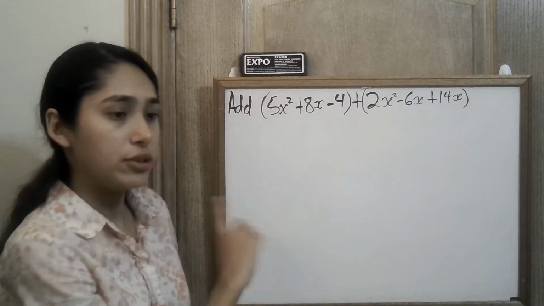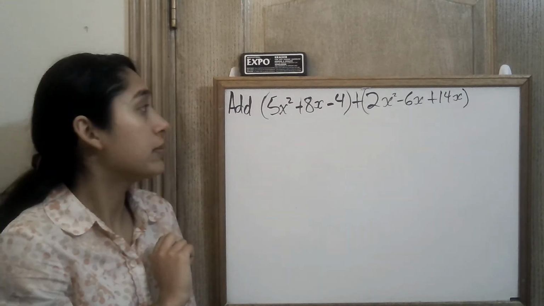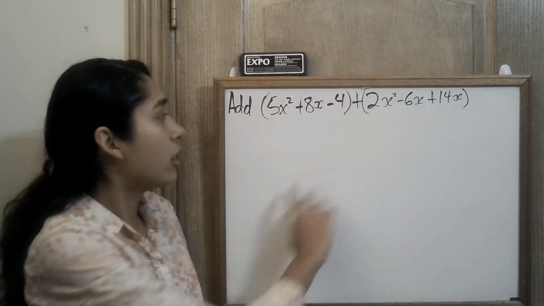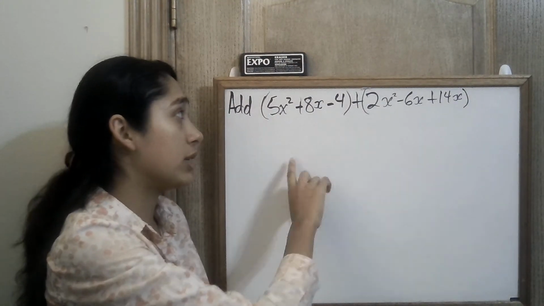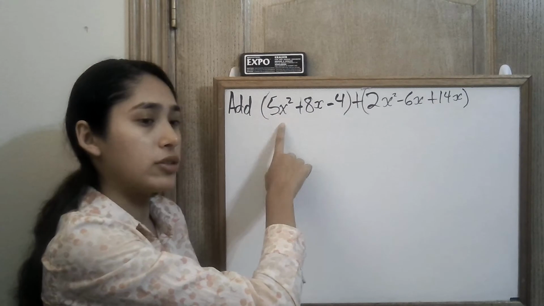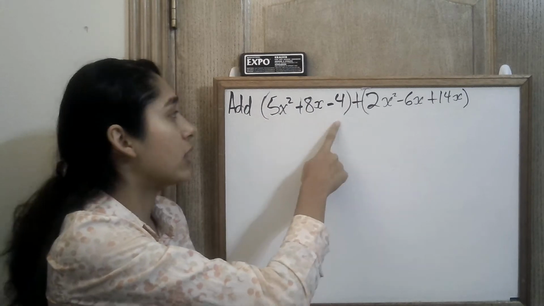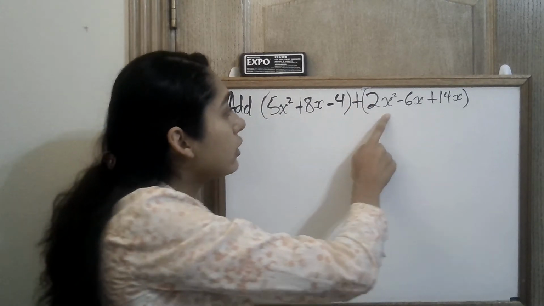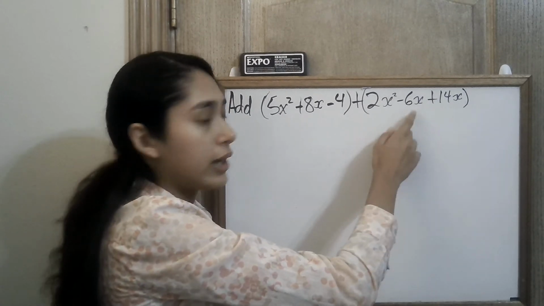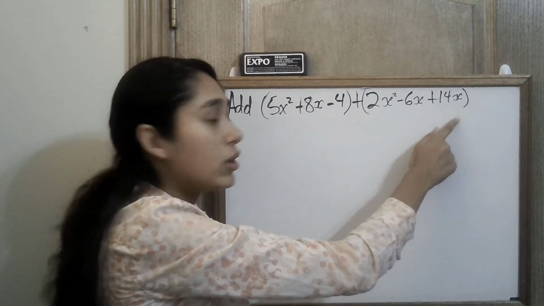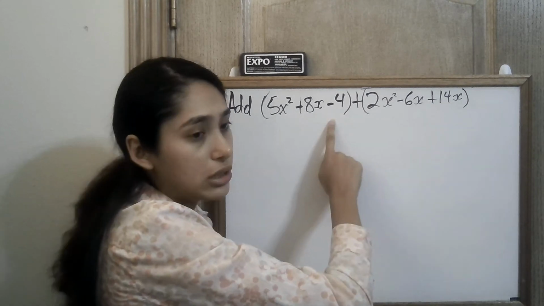Whenever you're adding two different polynomials, you actually might not get each degree or matching constant in both sides. So here we have x to the power 2, we have x, we have a constant. Here we have x squared, same thing, power of 2, x to the power 1, x. Over here, there's no constant. So this constant is not going to be matched up to anything.